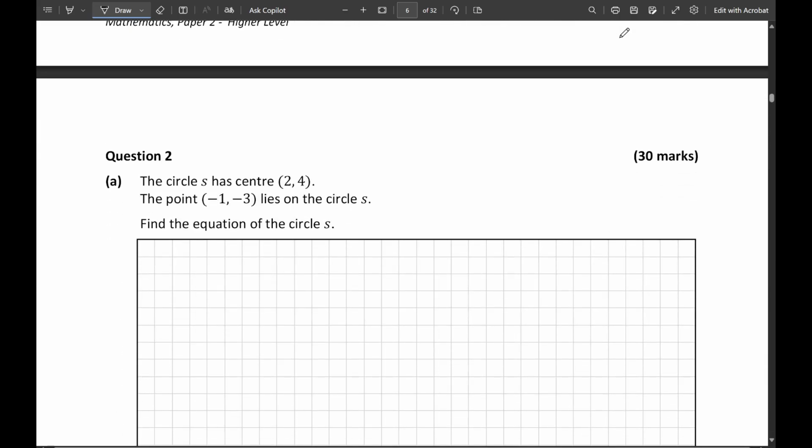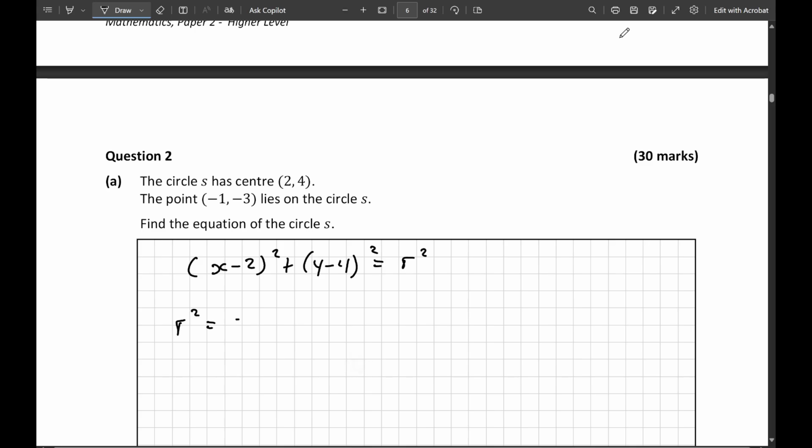Okay, next question. The circle S has center 2, 4, and the point minus 1, minus 3 lies on S. Find the equation of circle S. Okay. So we know it'll be x take away 2 squared plus y take away 4 squared is some r squared. But r squared is just the distance from the center to the point. So r squared will just be the change in x.